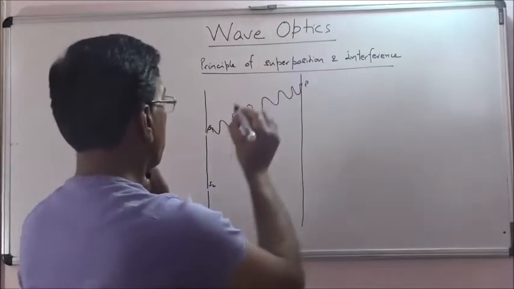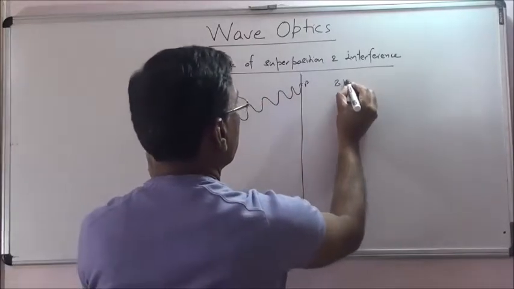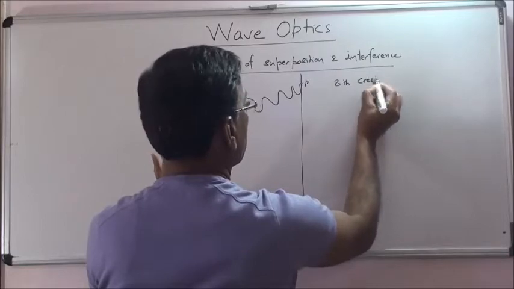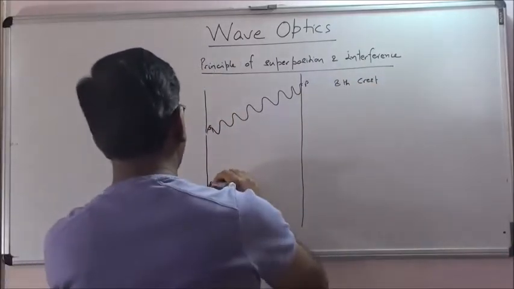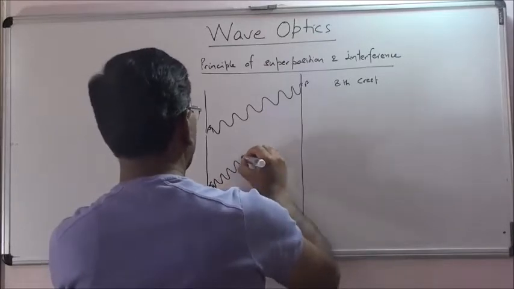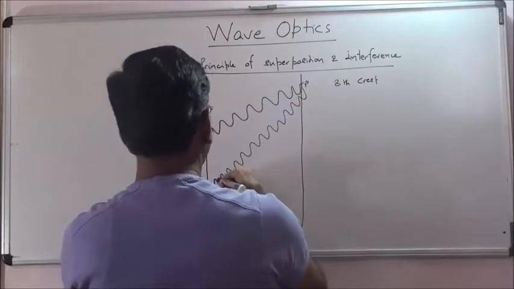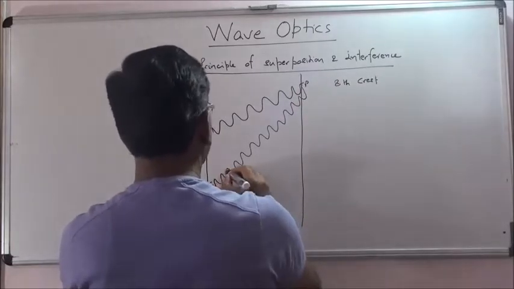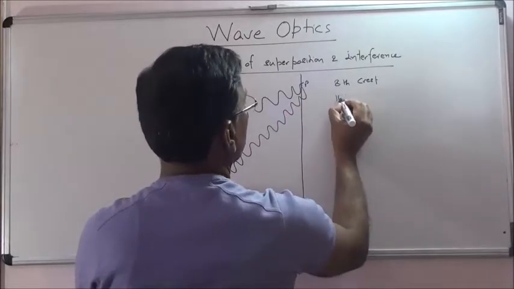Suppose this is the situation. 1, 2, 3, 4, 5, 6, 7, 8. We are getting the 8th crest at this position P. And same way, this is the 14th crest.